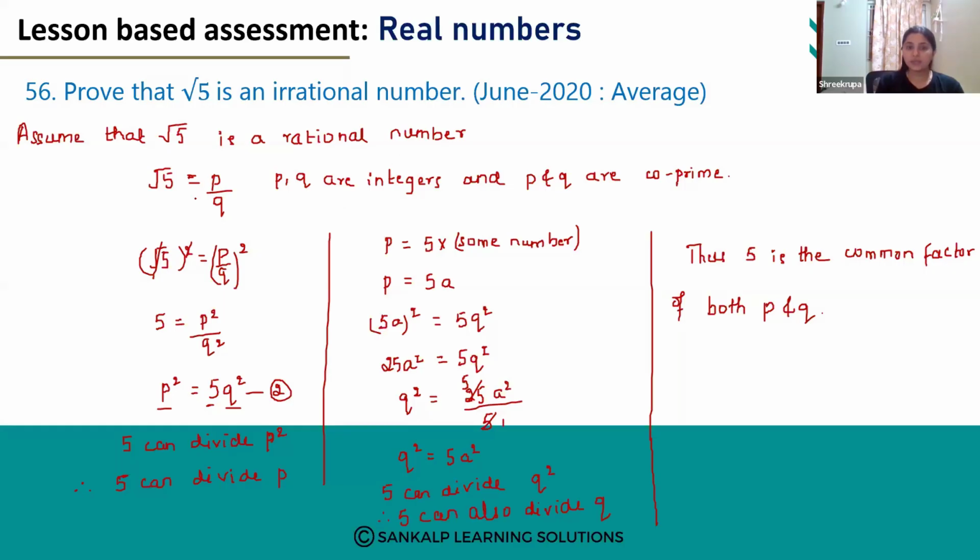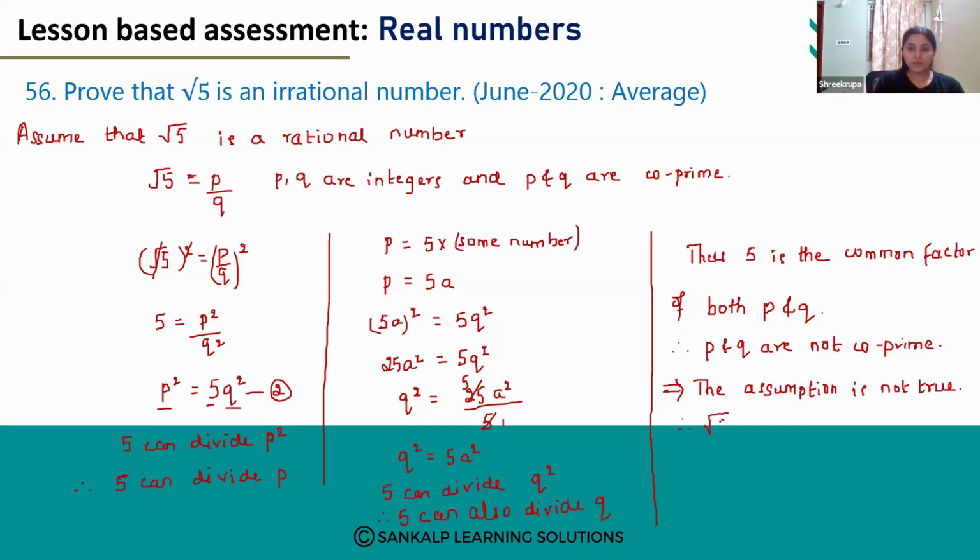So our assumption is not true, which means whatever assumption we have taken is wrong. Therefore, P and Q are not co-prime. This implies our assumption is not true.